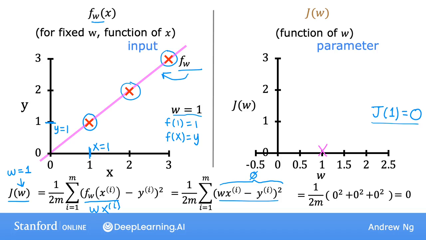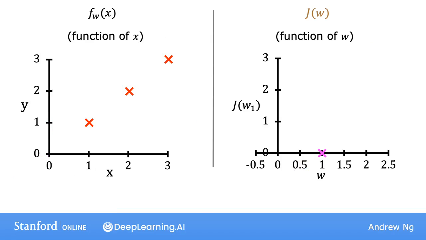Now let's look at how f and J change for different values of w. w can take on a range of values, right? So w can take on negative values, w can be 0, and it can take on positive values too. So what if w is equal to 0.5 instead of 1? What will these graphs look like then?